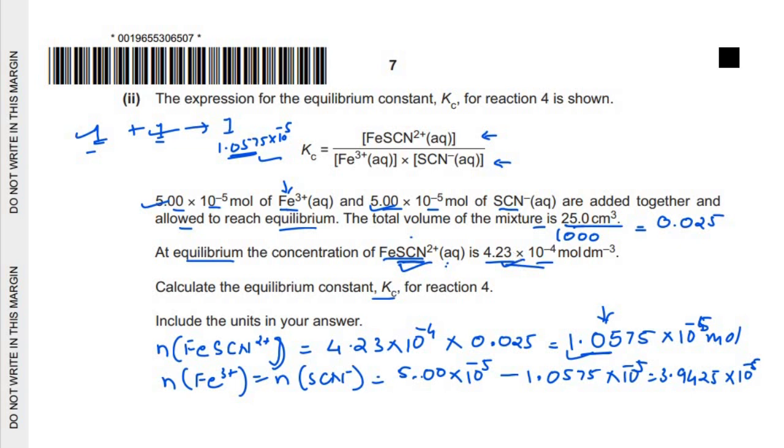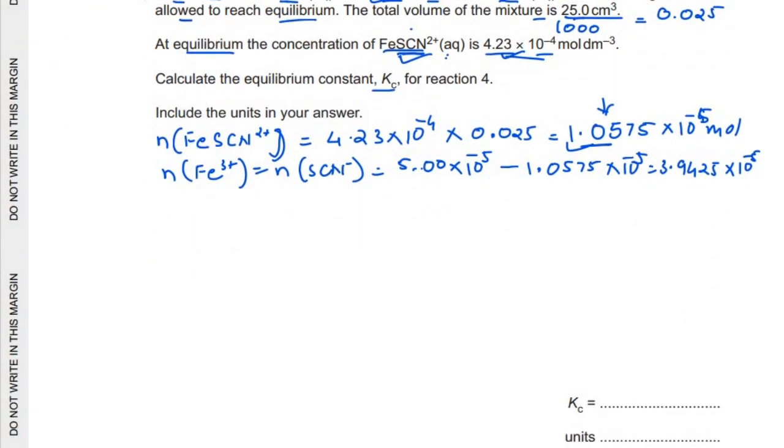So if we want to find out the value of Kc, then we need to substitute the value of concentration. The concentration of the product we already know, so we are substituting that here, that is 4.23 into 10 power minus 4.